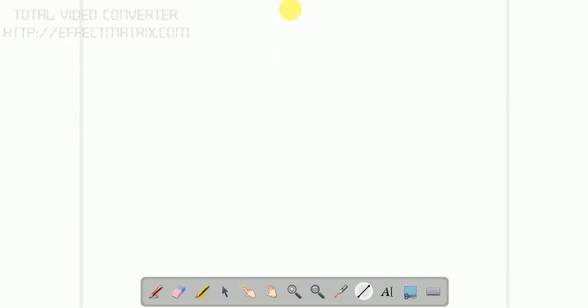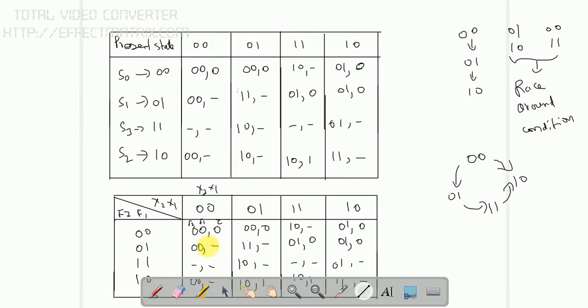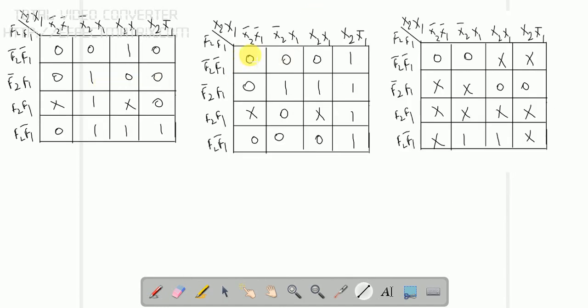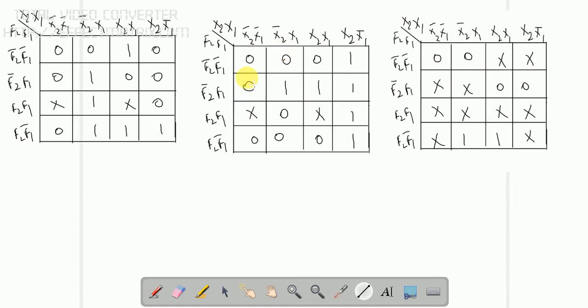Similarly for f1, second value 0 0 0 1, 0 0 0 1. Next, output side 0 0 dash 0, which means for z, 0 0 x x.